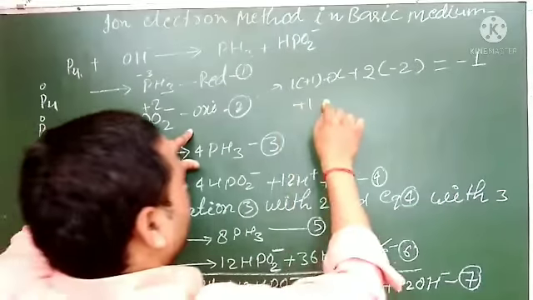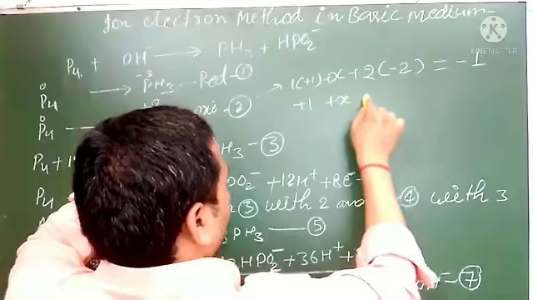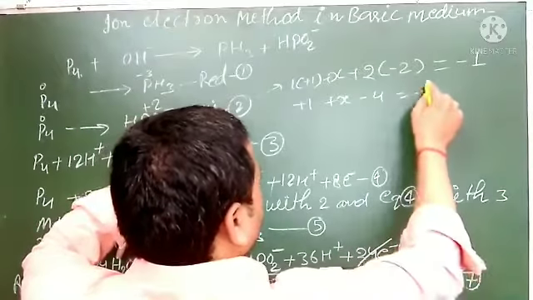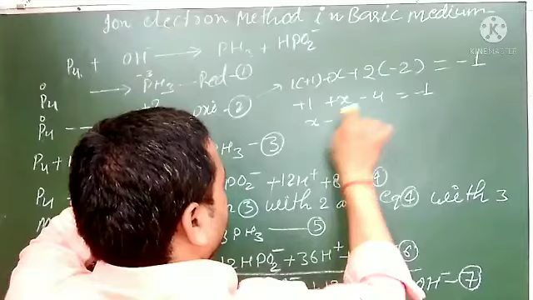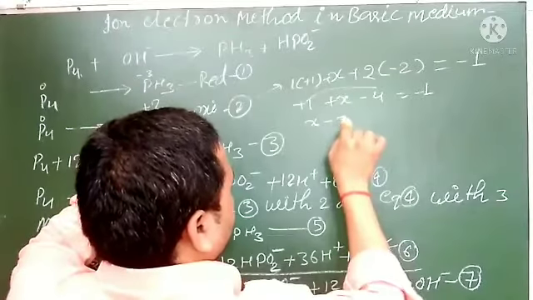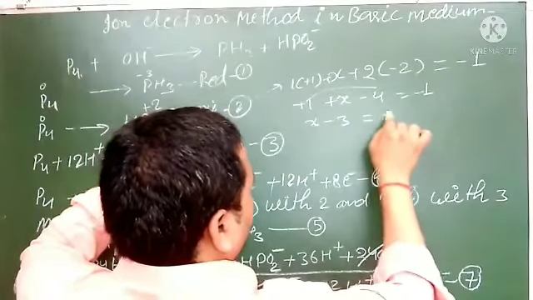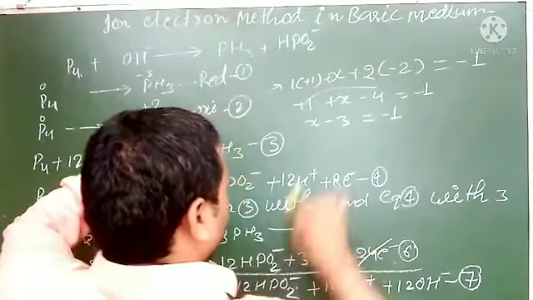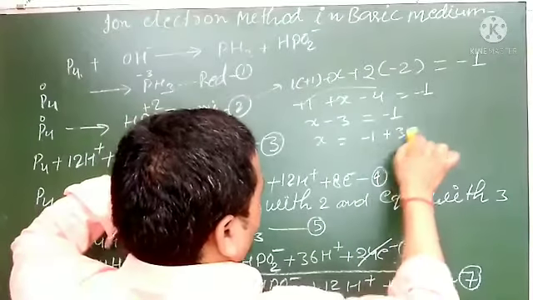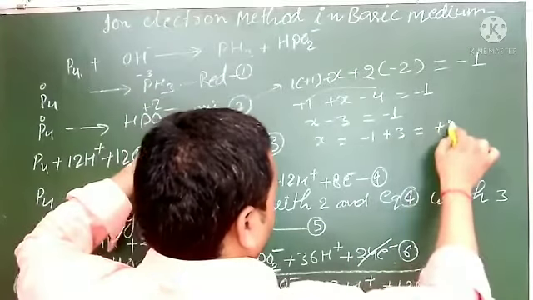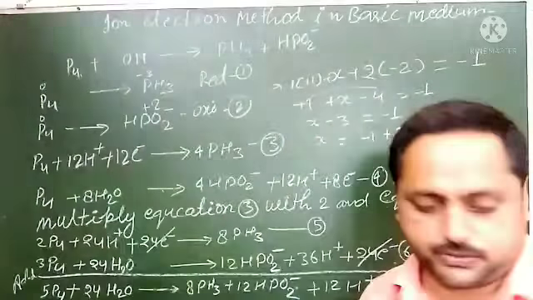So +1 plus X minus 4 equals -1. X minus 3 equals -1. Here X equals -1 plus 3 equals +2. So the oxidation state is +2.